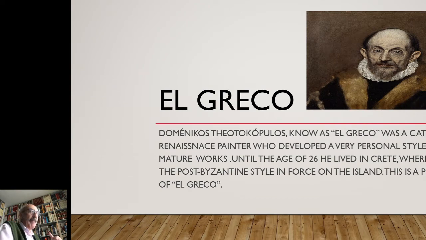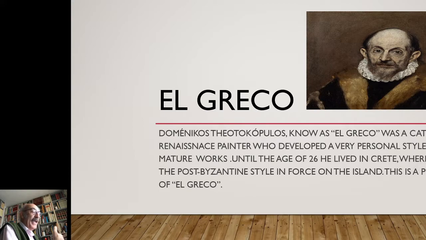He was looking for a better life, and he wanted to make a living out of painting. He was born in Greece and moved to Italy to learn how to paint properly, and from Italy to Spain. That was the moment when we had in Spain maybe the most powerful king ever, King Philip II.